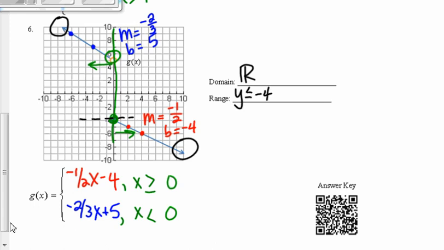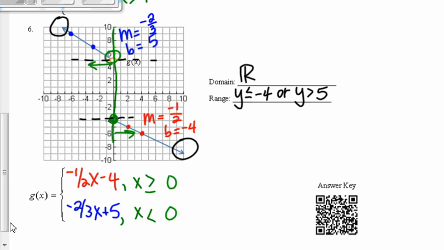I included the equal to because it did start with that closed point. Or, if you look up here, this graph starts at the y value of 5 and it goes up from there. So y could also be greater than 5. And I did not include the equal to there because it is an open point, not a closed one.